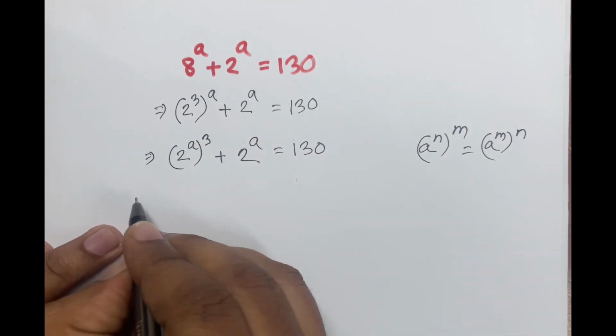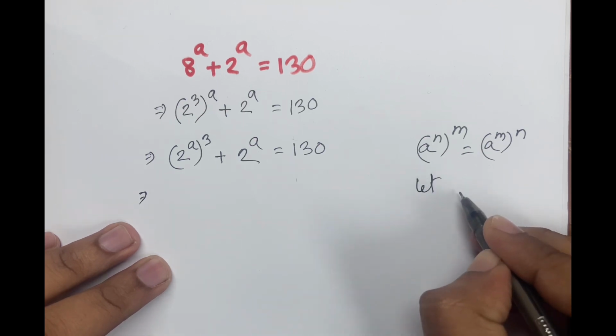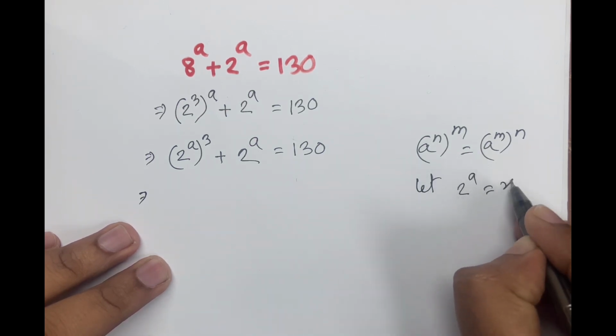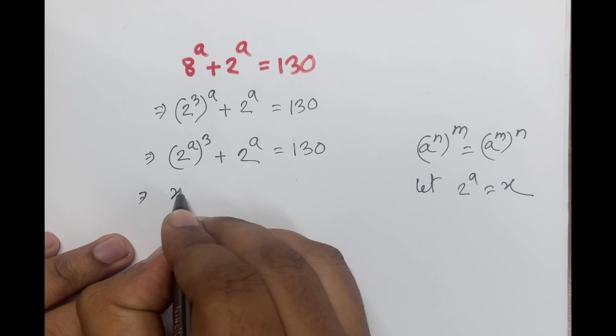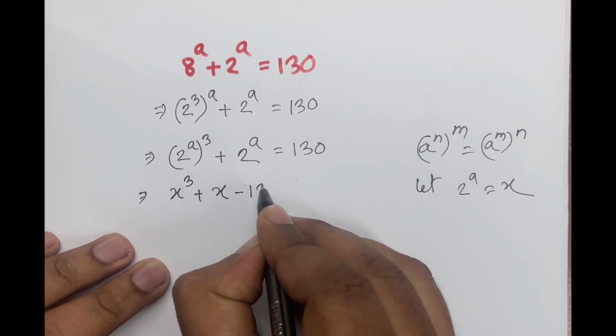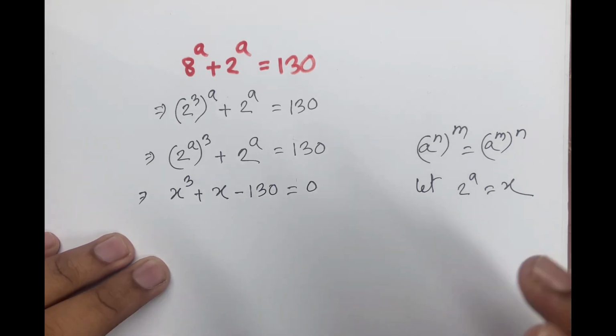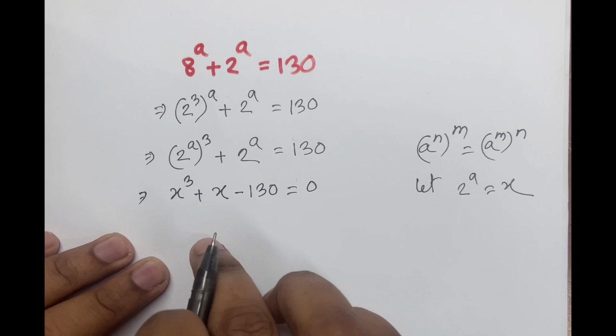Now, let 2^a = x. Now I can say easily x^3 + x - 130 = 0. Now I find one factor of this equation.